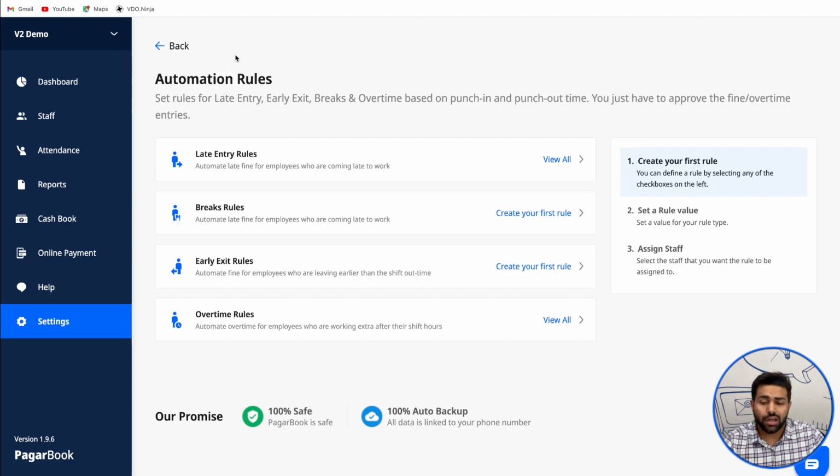So this is all about automation. Now till date more than 11,000 businesses have benefited from the automation feature of PagarBook, and still we are counting.